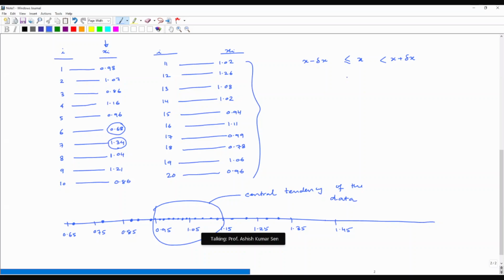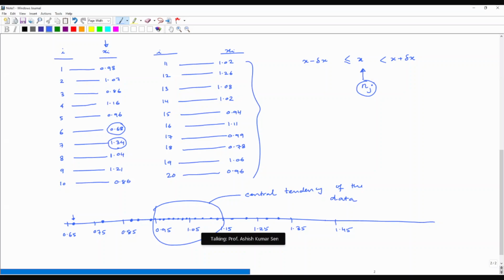And I say that within this interval, the number of times these data points lie is some Nj. For example, if my x minus delta x and x plus delta x is 0.65 to 0.75, I have only one data point within this range, so Nj should be equal to 1.